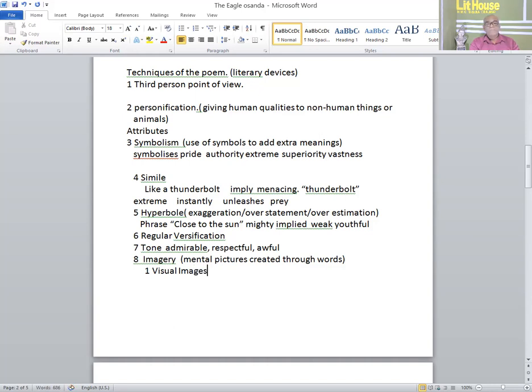Visual images means what we see. Second one.